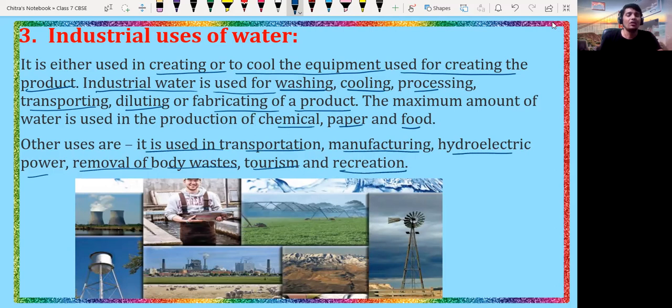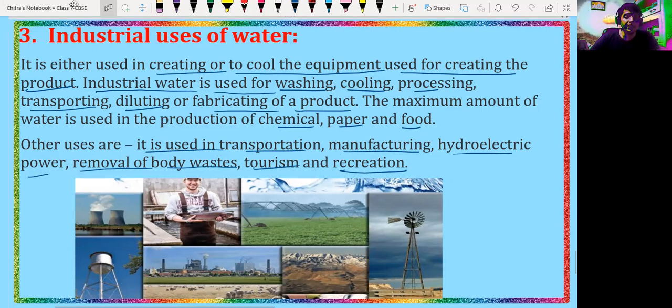These are all the points that explain the importance of the use of water. As you can see in the diagram, the different industries release carbon dioxide as a waste product. Students, this is the end of today's session. It is nothing but the industrial use of water.